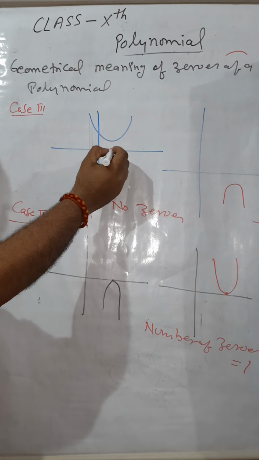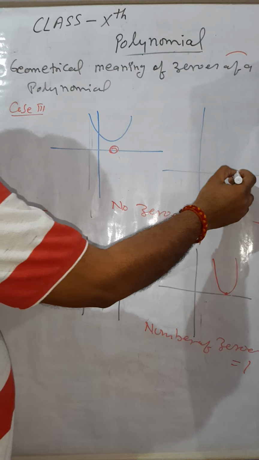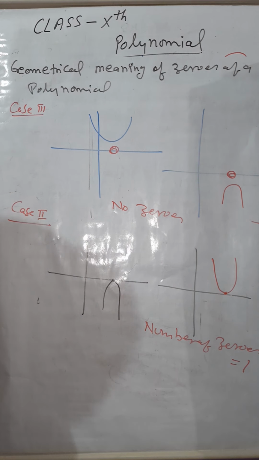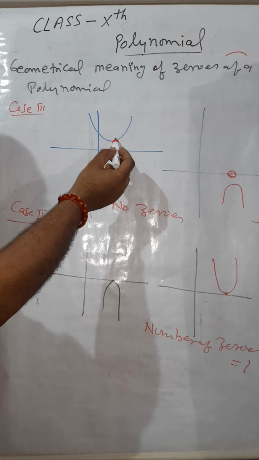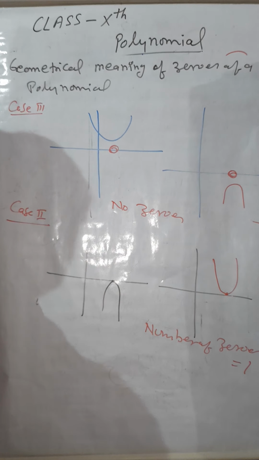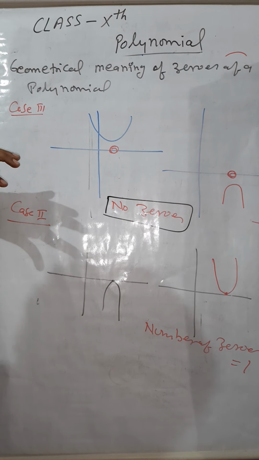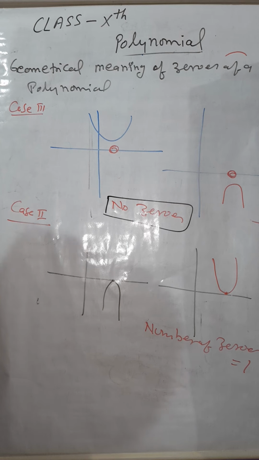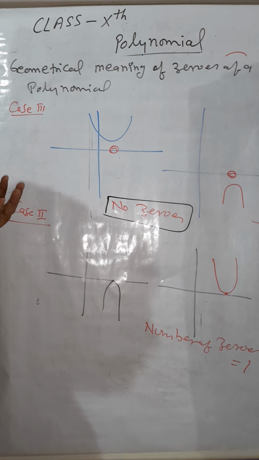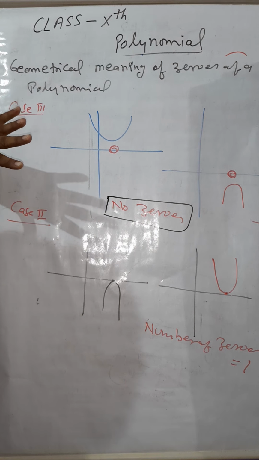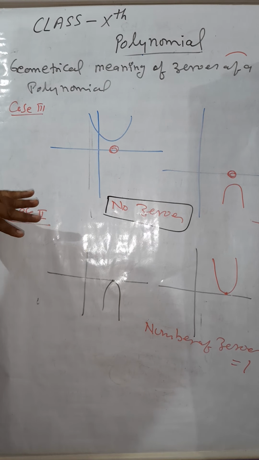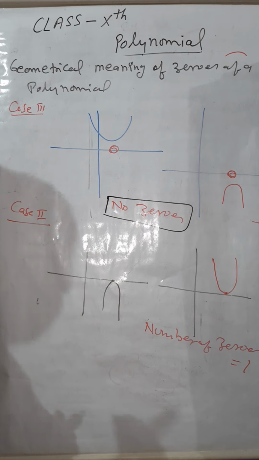Since this graph is not touching the x-axis, not intersecting it, there is no point common to this graph and the x-axis, so therefore no zero. So with the help of geometrical representation or graph, we are in a position to tell the number of zeros in the given polynomial. So this was the first concept, to explain that when the figures are given, how we can find it.